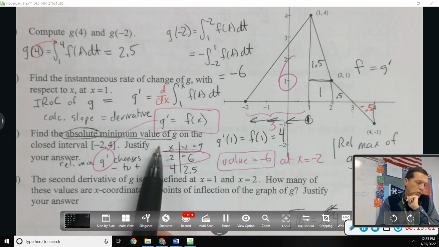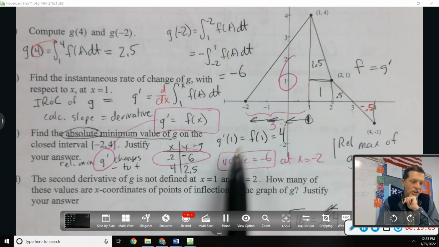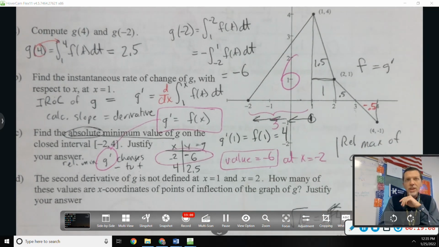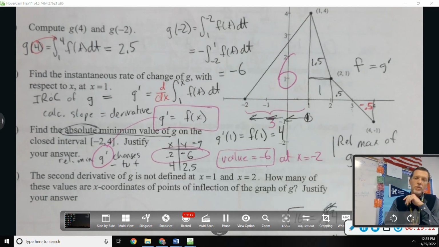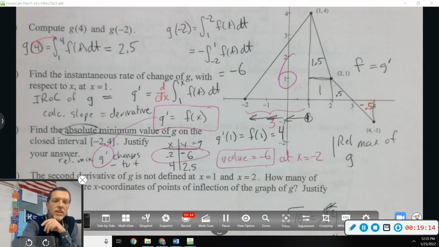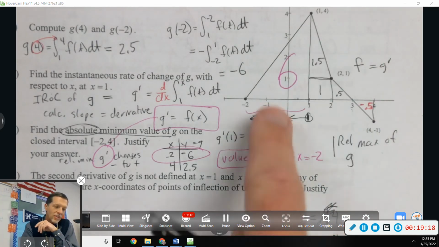Absolute minimum of G. This isn't the graph of G, so I can't just look at the picture and pick the lowest point. I've got to do something to find values of G. It would be the same for the relative max of G. This isn't the graph of G, so I can't just say, oh look, there's a maximum.